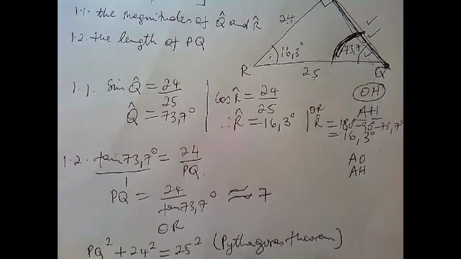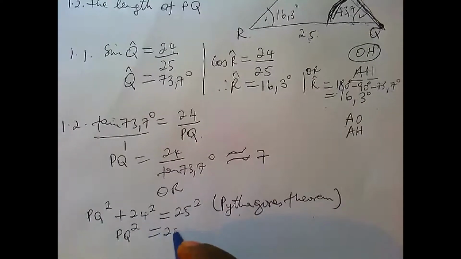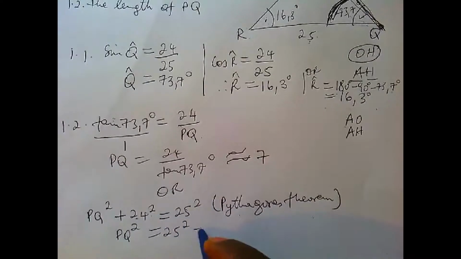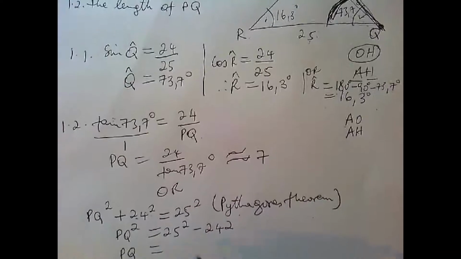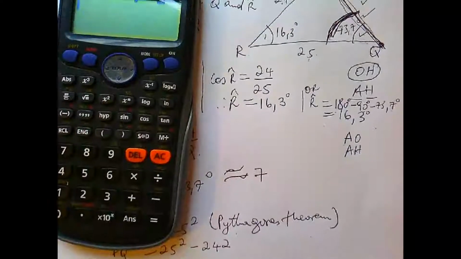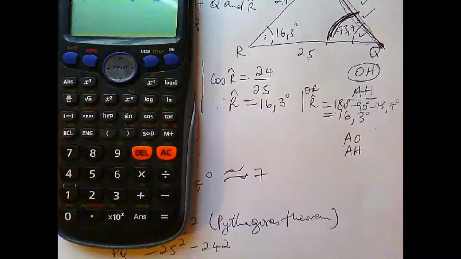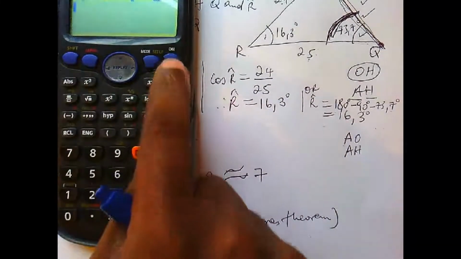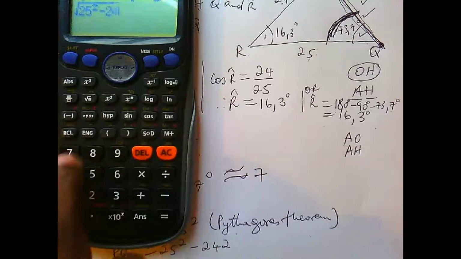Here you just mention Pythagoras theorem, and then yours is just to say PQ squared will be equal to 25 squared, then that 24 squared goes, it becomes negative 24 squared, and therefore your PQ will be equal to the square root of 25 squared minus 24 squared.